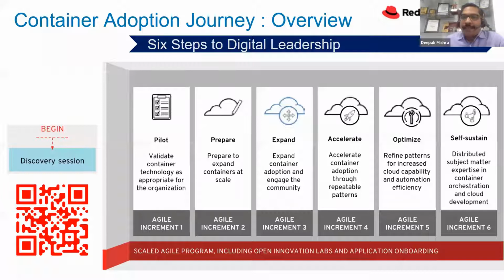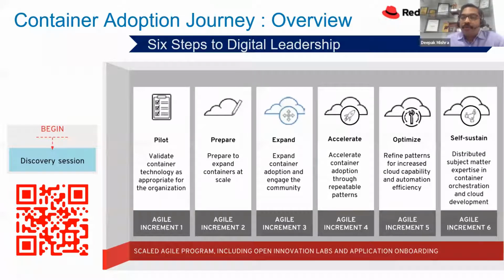So identify the application or workload and the team for upskilling, because you cannot boil the whole ocean in an organization talking about container adoption if that organization has been traditionally doing well, and things are monolithic, so they may not accept it.